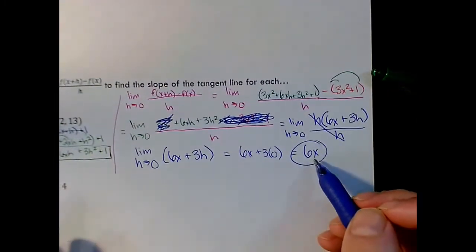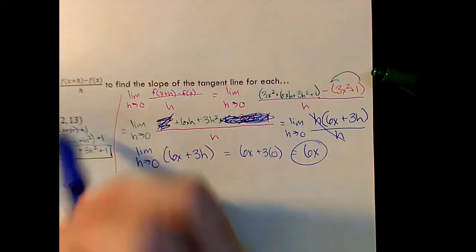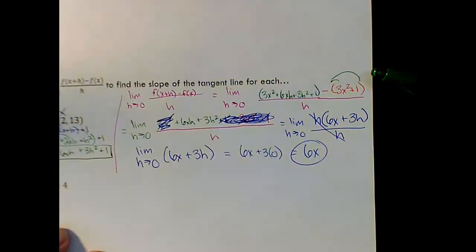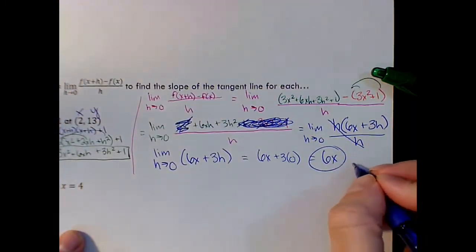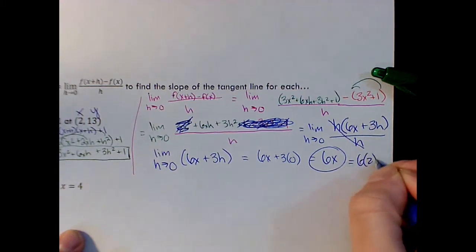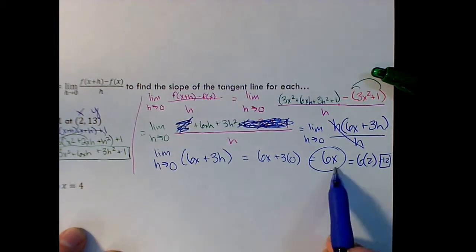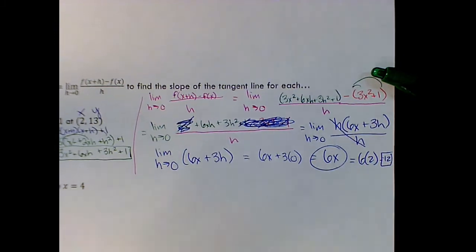I got 6x, but what I forgot to do is plug in the point (2, 13). So the point (2, 13) means that's my x value, that's my y value. So actually, my real answer is 6 times 2, which is 12. And I'll put that in a little box. I don't really care about the y value because there's no y here. So my complete answer, my final answer is 12.